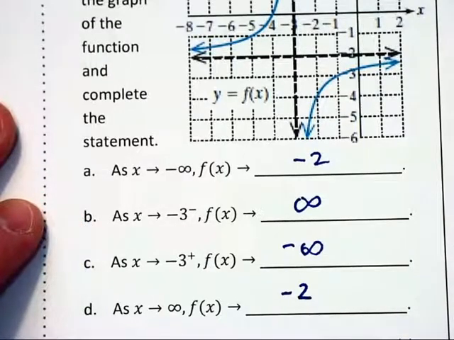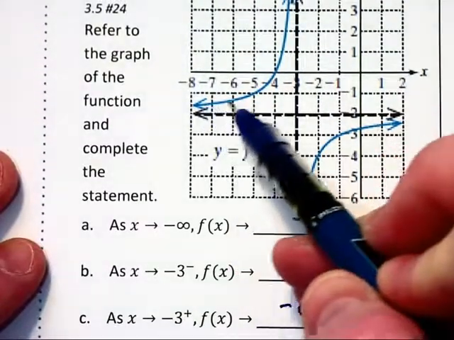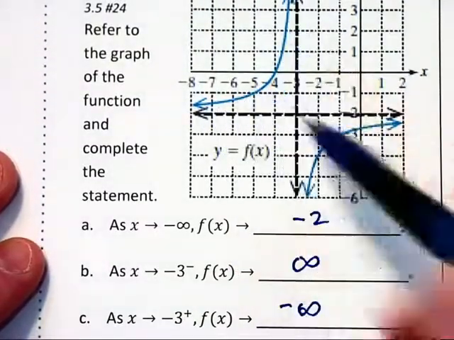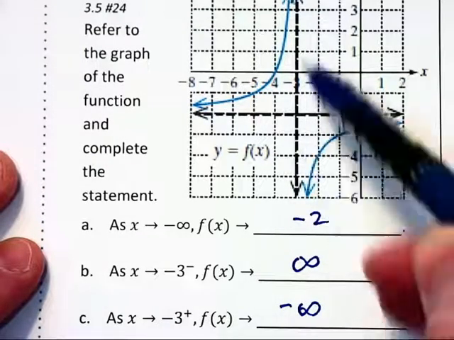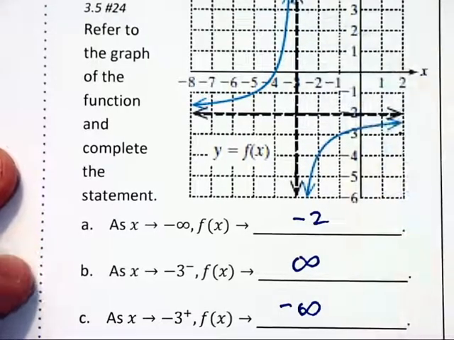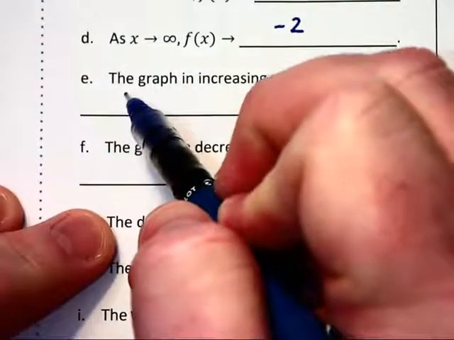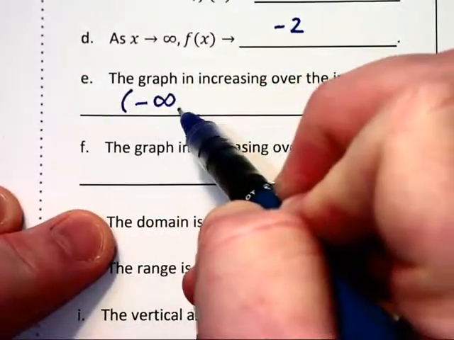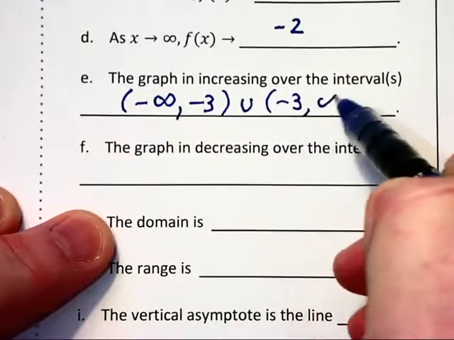Now, we want to look at where the graph is increasing or decreasing. I'm looking at this, and it's increasing. The whole left side of the graph, it's increasing. The whole right side of the graph, it's increasing. But it's not increasing on the vertical asymptote at negative 3. So the intervals on which it is increasing are from negative infinity to negative 3, union negative 3 to infinity.